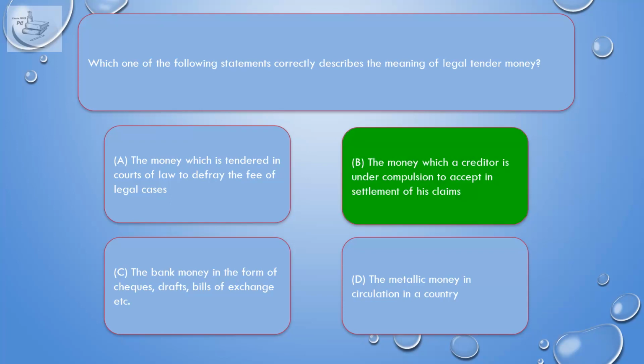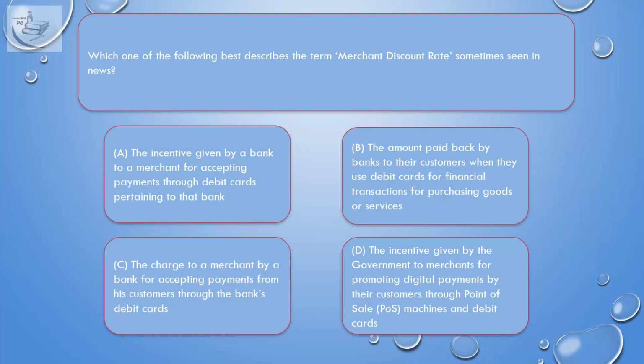Correct answer is B. The money which a creditor is under compulsion to accept in settlement of his claims. Question: which one of the following best describes the term merchant discount rate, sometimes seen in news? A. The incentive given by a bank to a merchant for accepting payments through debit cards pertaining to that bank.